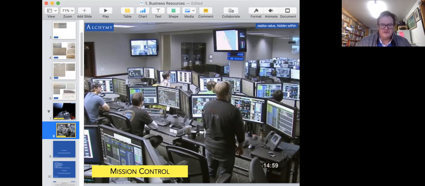This is mission control for SpaceX, and it's just in an ordinary sort of office building room, but they're able to do pretty incredible things. So our focus with this module is: what does it take to do that, and what are the resource requirements? That's what we're concerned about.